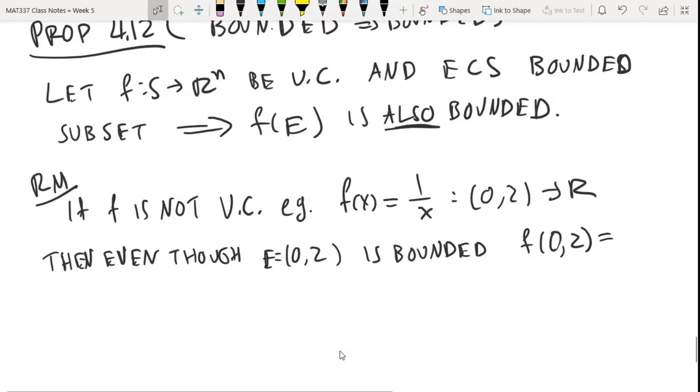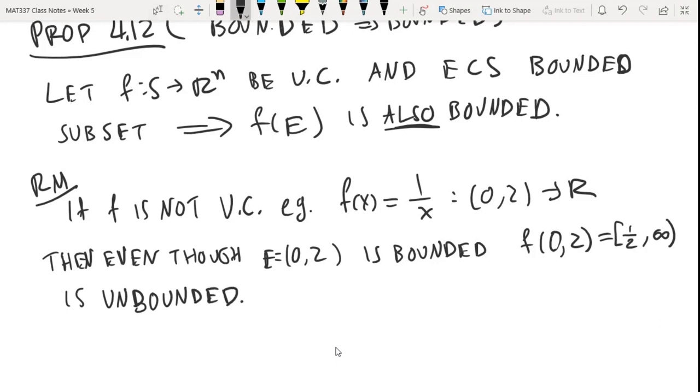So it goes to infinity and it starts from a half. Is unbounded. Is that okay? All right.